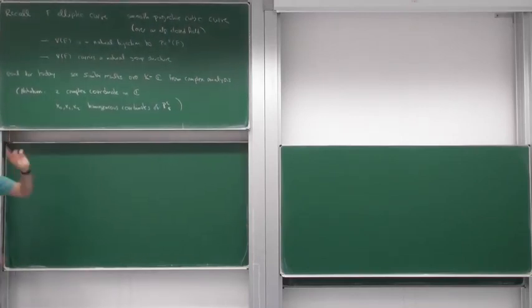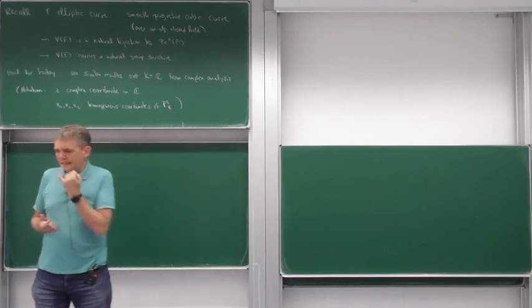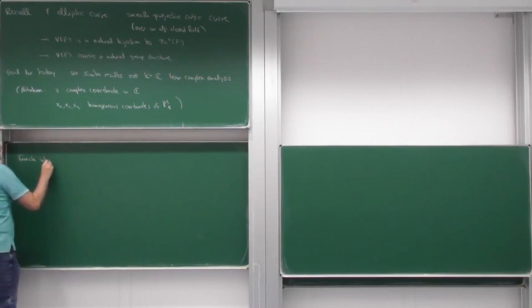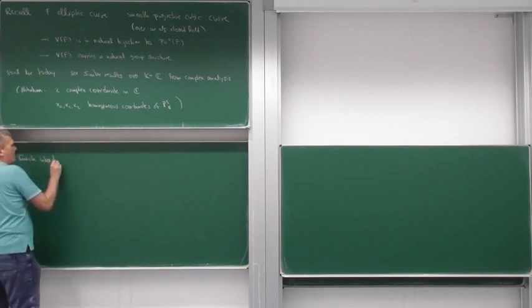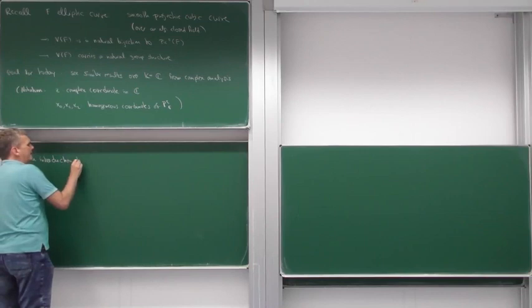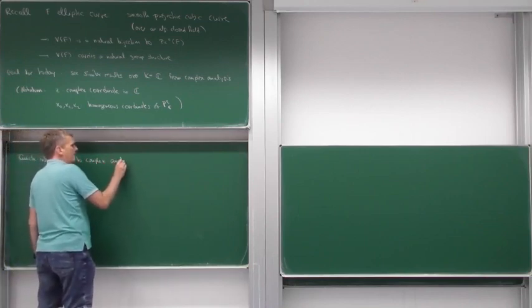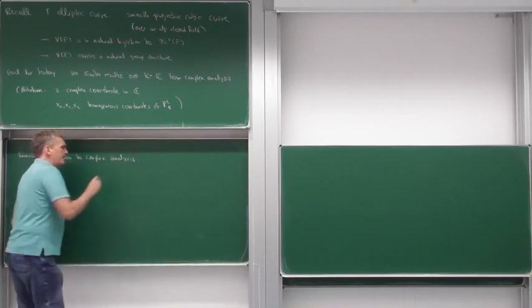As I said, what do we need from complex analysis for that? First of all, some very general introduction. Here's a quick introduction to complex analysis, and that would be as follows.